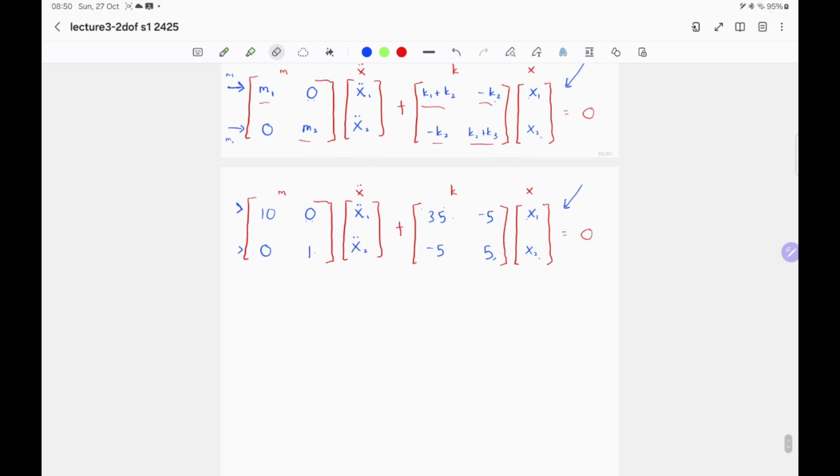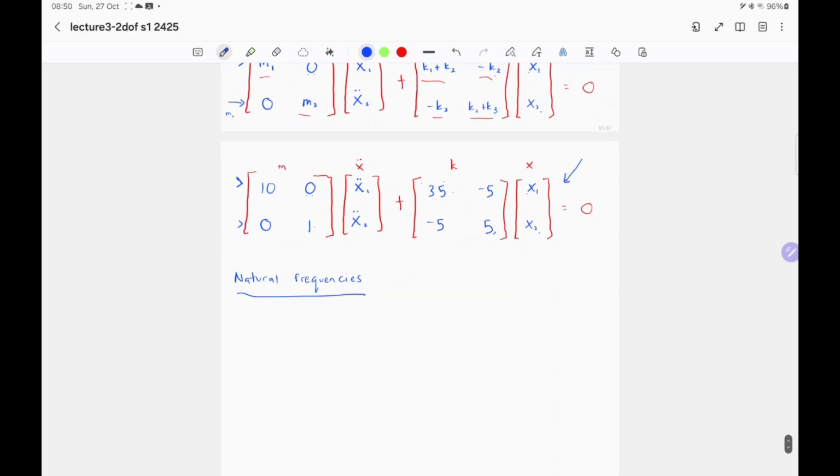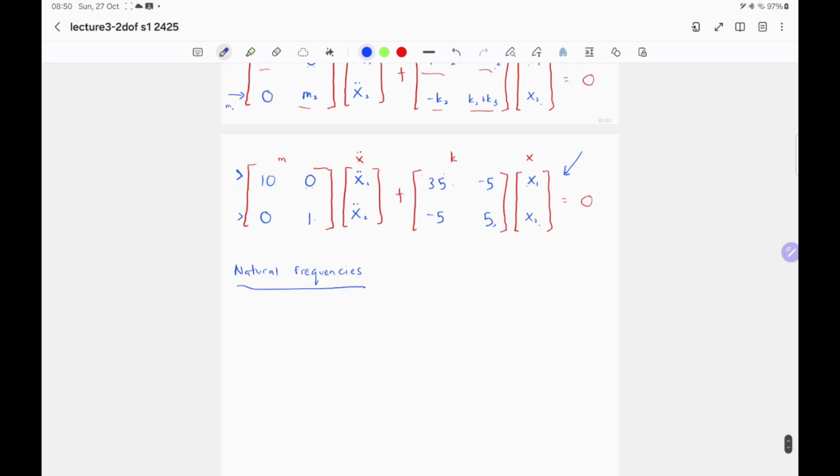Alright, now we're going to continue with natural frequencies. Since this problem is a 2 degree of freedom system, we will get two natural frequencies, which are omega n1 and omega n2.